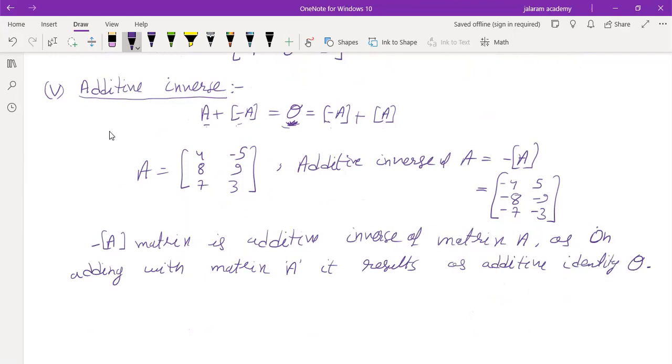Is that clear to you? Minus A matrix is additive inverse of matrix A, as on adding with matrix A, it results as additive identity O. Written, everyone?